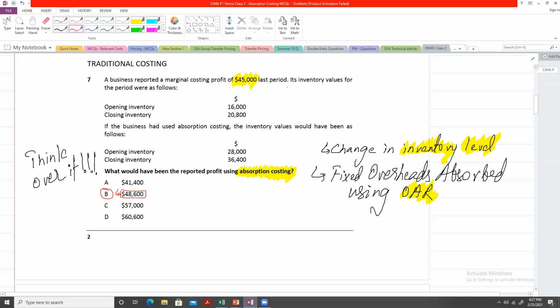That is the given marginal costing profit of 45,000 plus 3,600. So 48,600 is the profit in absorption costing.